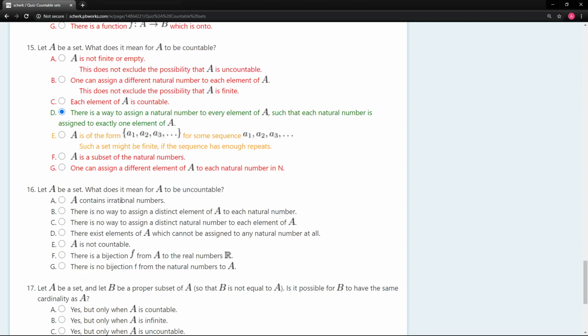So A contains irrational numbers. I don't know if this is the exact one. This is probably going to be red. It is red, but there's some truth about this. Usually, maybe in specific examples, I don't know if this is general, the thing that makes a set uncountable is the irrationals.